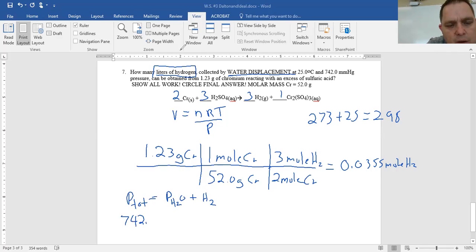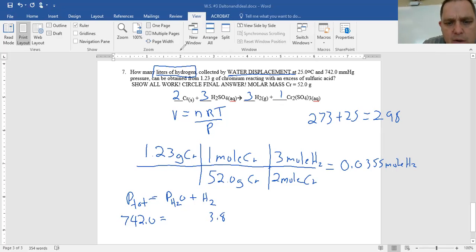So now let's put these in. 742 is our atmospheric pressure. What is our water pressure? This is the one that we got to go back to the top of the paper and find. Well, our temperature is 25. So if we look at 25, we're going to find that that is 23.8.